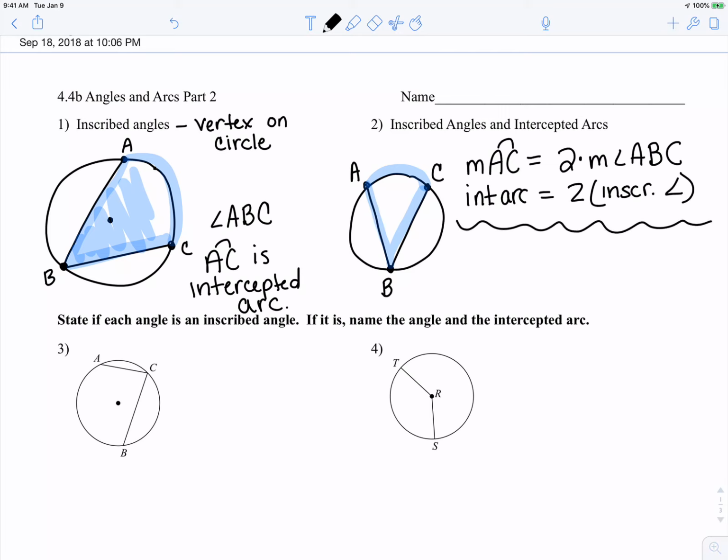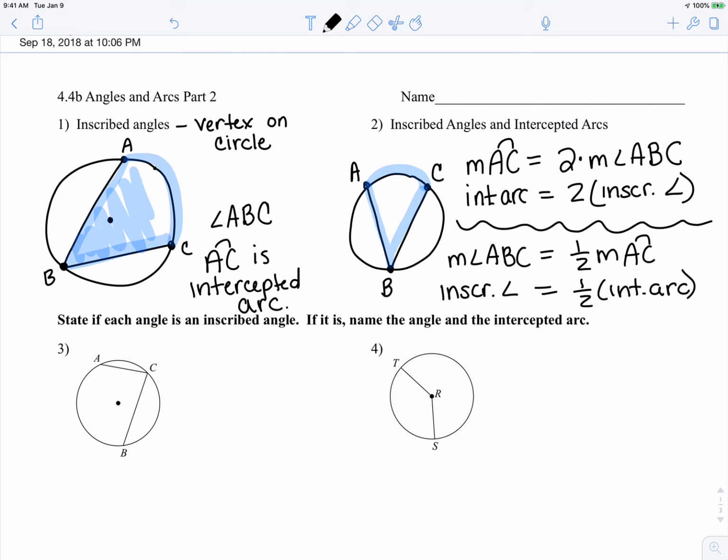You can say that the other way around, where you talk about the angle measurement first. So the measure of angle ABC is equal to half the measure of the intercepted arc, AC. If I put that in words, the inscribed angle is equal to half the intercepted arc.